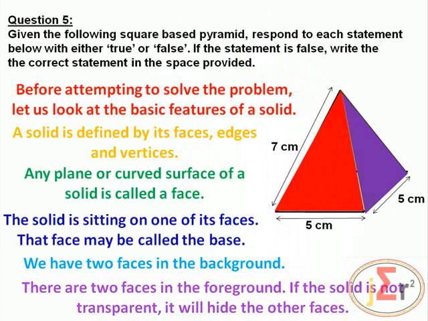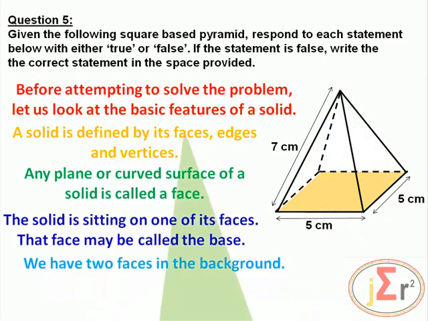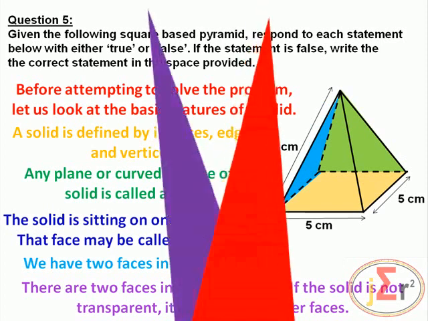So the first face is the base. Then we have two other faces in the background, and finally we have two faces in the foreground, and those faces, if the solid is not transparent, will hide the other faces.